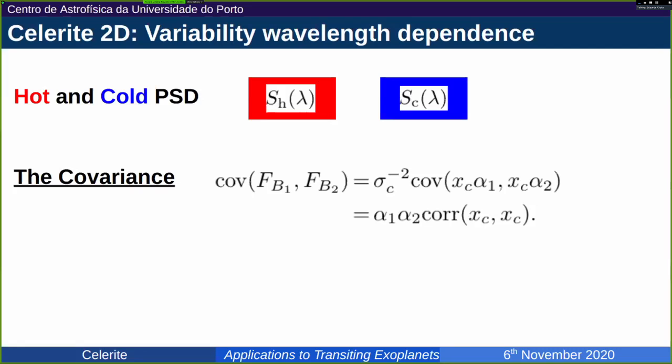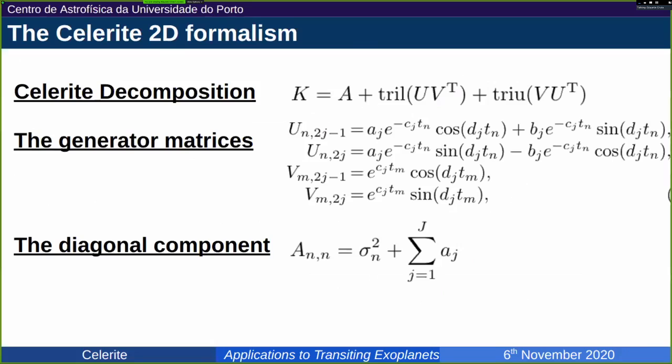The amplitude of the variability is set by the contrast between the hot and cold components of the photosphere in each band. As the spectral coverage is time dependent, in particular in this covariance expression in terms of the cold component, it is drawn from a one-dimensional Gaussian and then described with the Celerite method. Now we'll see how we'll do it.